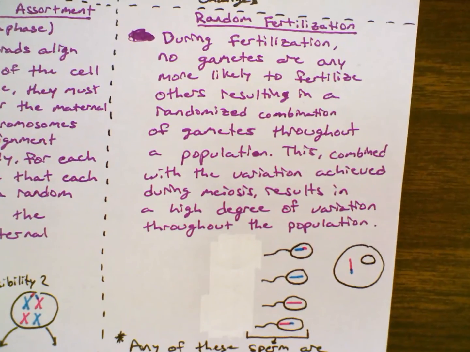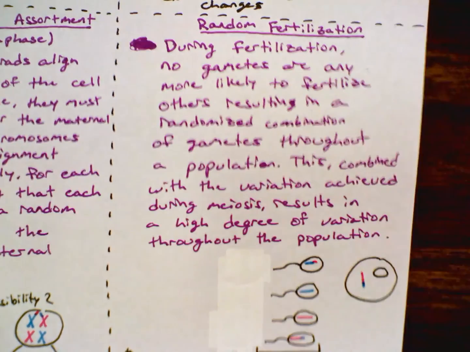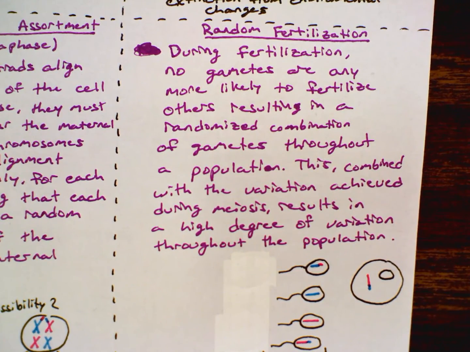All right, last process. Random fertilization. So what we see is that during fertilization, no gametes are more likely to fertilize each other than any other gamete. It's a completely random combination of these gametes.